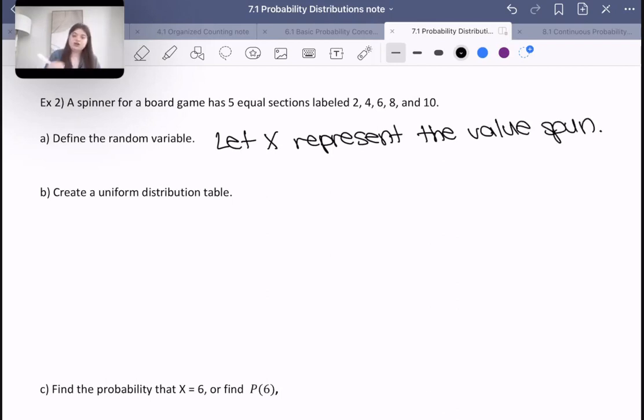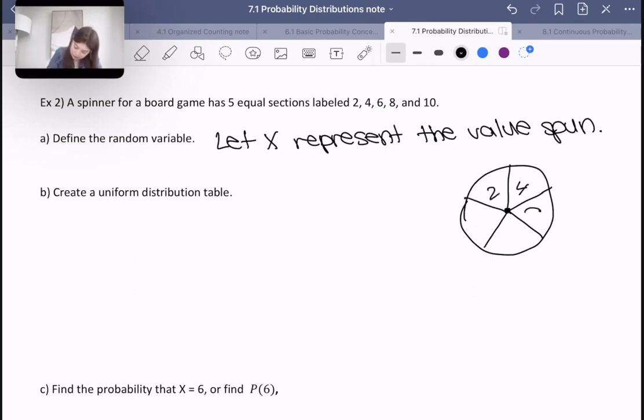I'm actually going to draw something to illustrate this as well. We have this spinner with 5 equal parts, 1, 2, 3, 4, 5. And they have 2, 4, 6, 8, and 10 as the numbers on them, right? So basically, it's equally likely that we'll land on any of them.